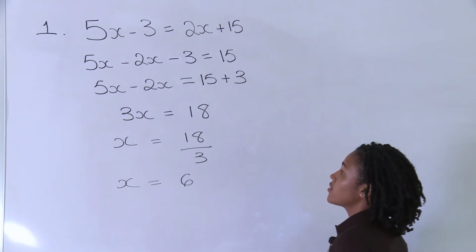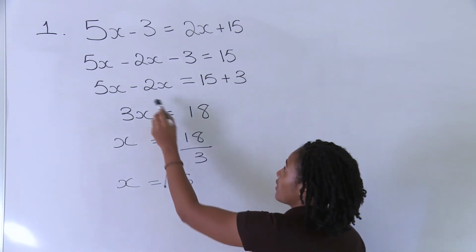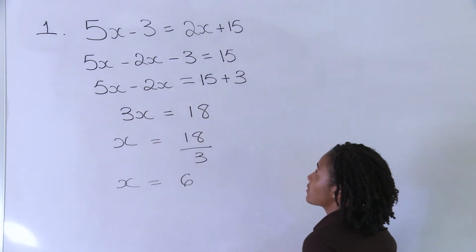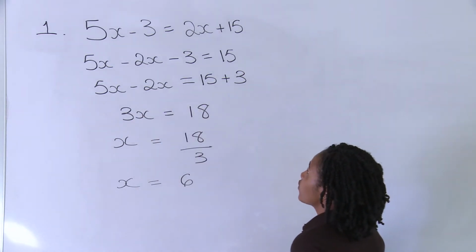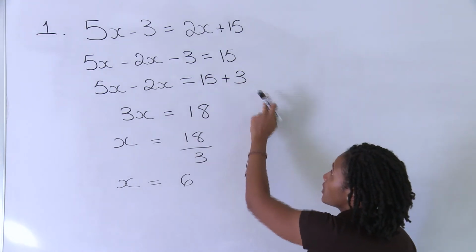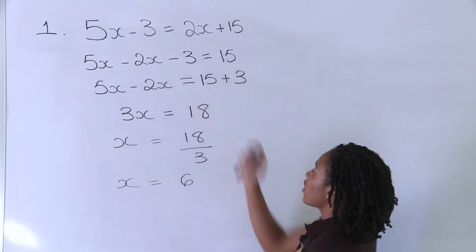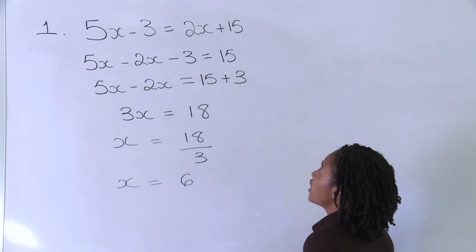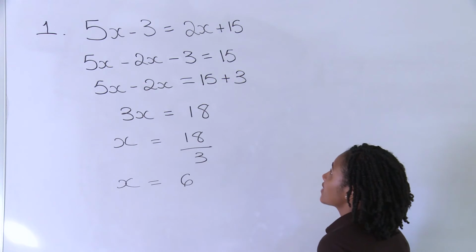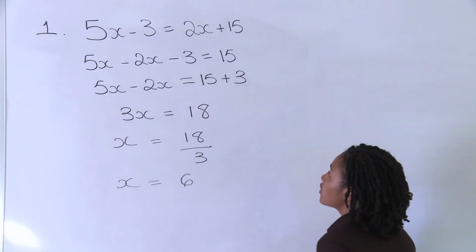We are still under the step of grouping our like terms. So on the left-hand side, we have 5x minus 2x is equal to the right-hand side, 15 plus 3. Because in our previous step, we have 3 being subtracted on the left-hand side of the equation, but when brought over to the right-hand side of the equation, it is being added to 15.